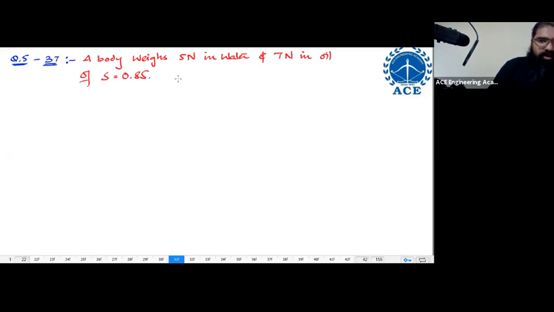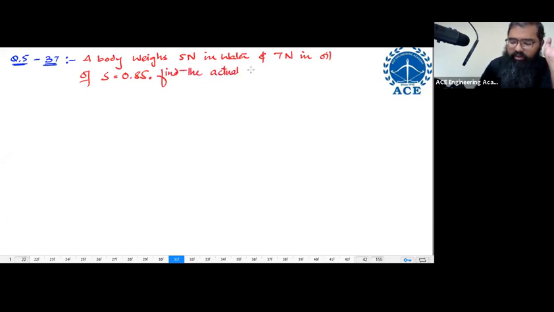Now the question in the book asks, I think, to find the specific gravity of the body. I'm changing the question slightly. My question is, find the actual weight of the body.